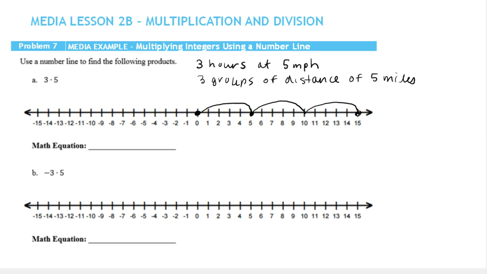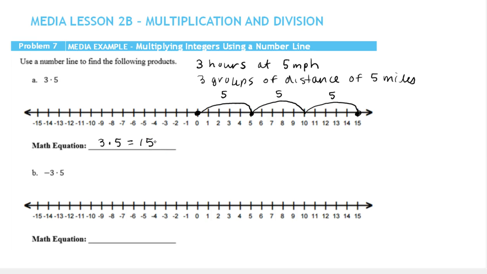So this would be your ending result if you were traveling 5 miles an hour for 3 hours. Remember, we could also think of this as repeated addition. We have 5 plus another 5 plus another 5. You're accumulating that total 15 miles. So as a math equation, we would write 3 times 5 equals 15.